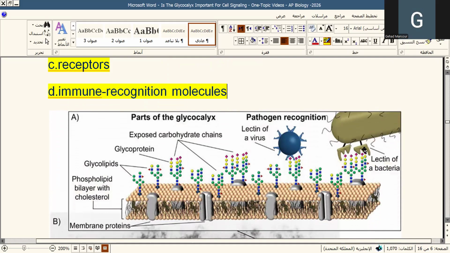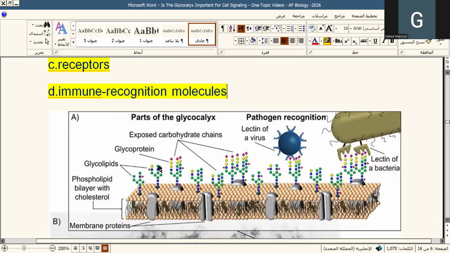This is a lectin of a bacteria. And this is how they are recognized by the exposed carbohydrate chains of the glycoproteins. Here you can see the multiplicity of molecules in the glycocalyx. You can see glycoproteins that consist of carbohydrate chains and protein moiety.